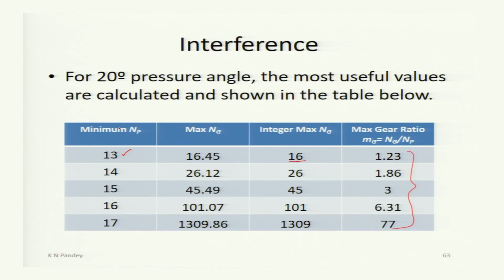Similarly, when the minimum number of teeth on the pinion is 14, then 26 is the maximum number of teeth on the gear, and the maximum gear ratio that can be achieved is 1.86. The other values also give the minimum number of teeth on the pinion, the maximum number of teeth on the gear, and the maximum possible gear ratio that can be achieved.